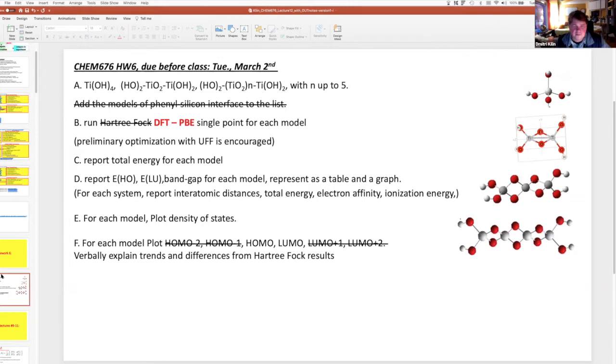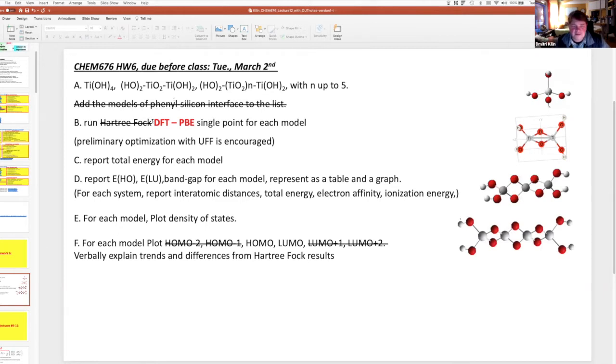So please consider completing this homework during the coming weekend, and compute density of states and orbitals for each of the models you did for the previous homework.